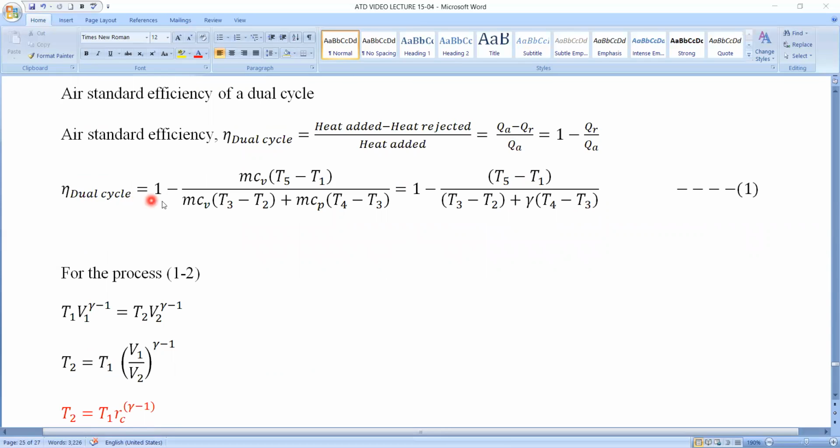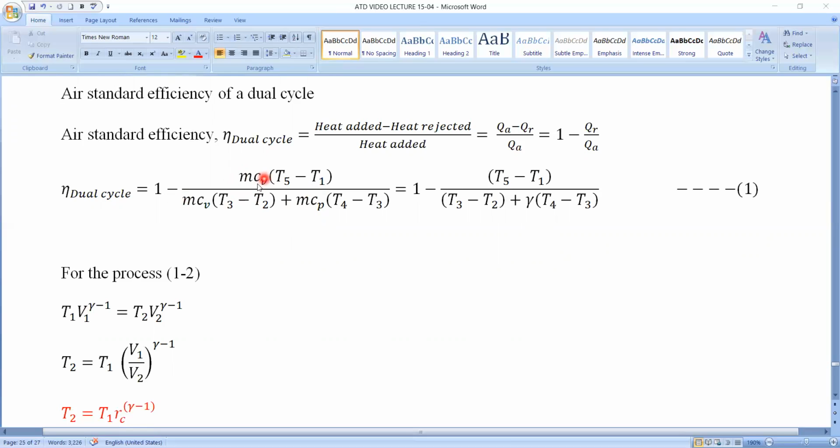Now the efficiency of the dual cycle is 1 minus heat rejected at constant volume, mCv into T5 minus T1, divided by the total heat added. QA stands for total heat added: mCv into T3 minus T2, that is heat added during the constant volume process, plus heat added during the constant pressure process, that is mCp into T4 minus T3. Now in the numerator and denominator, m is a common term, just cancel these two.